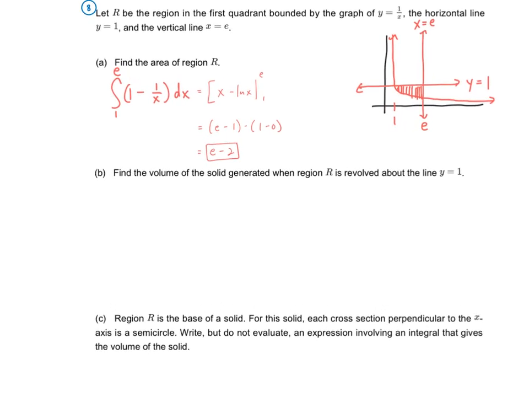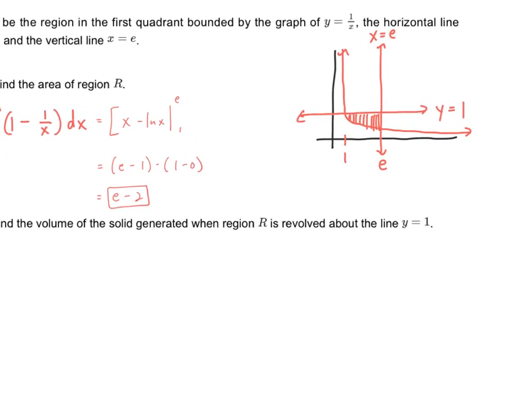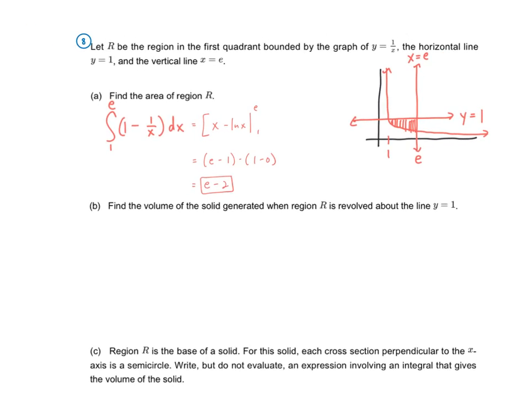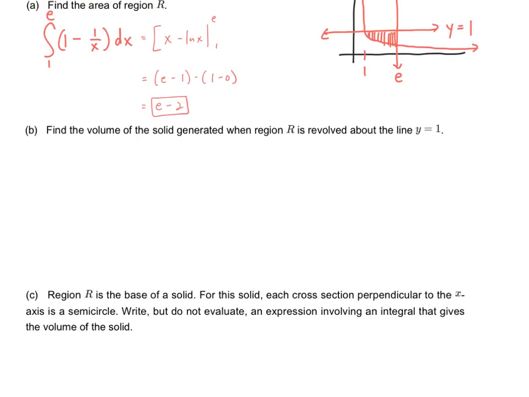So now we want to find the volume of the solid generated when that region is revolved around the line y equals 1. Anytime you're revolving a solid around a line, you'll use this formula.